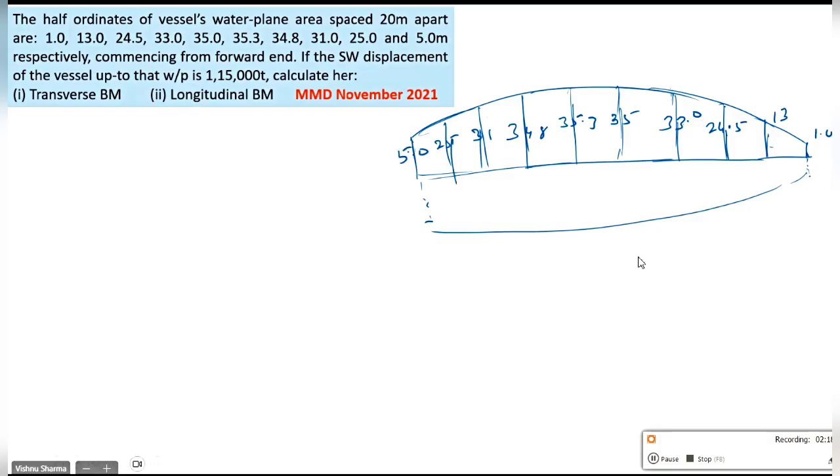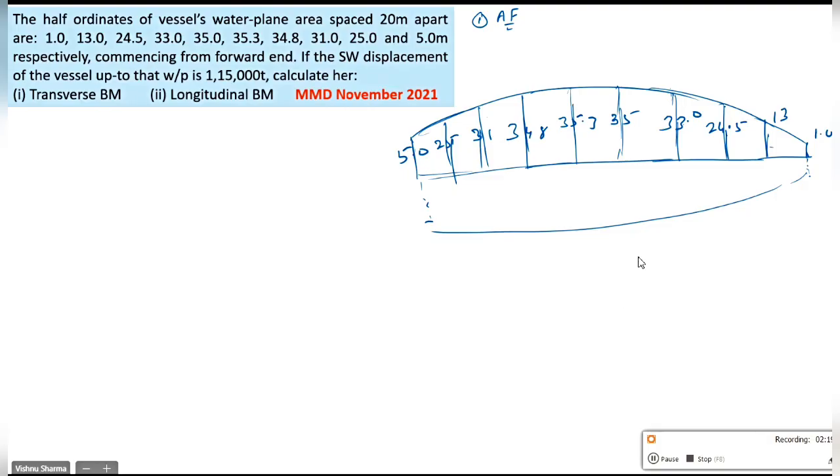We have to calculate the BML, beta. Now, first we'll have to find the LCF. If you remember, we did it in the regular geometric shape. So the steps involved will be first find AF, then mark the center of flotation on the diagram, draw the athwartship axis. Now, guys, since I do not know the center of flotation to begin with, I cannot draw the athwartship axis through the center of flotation.